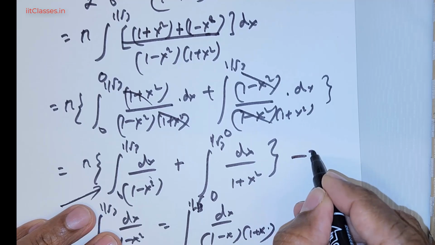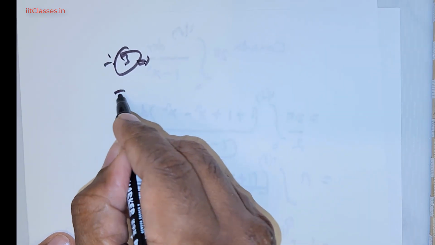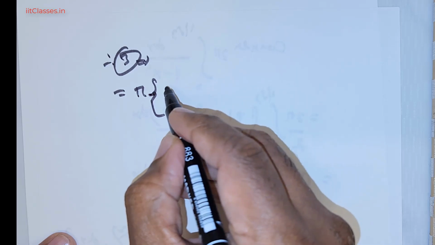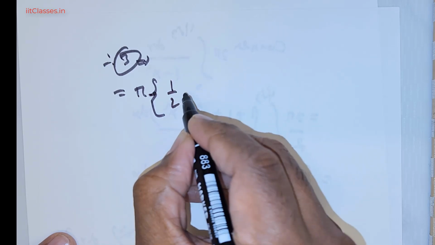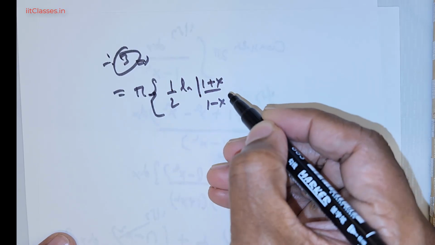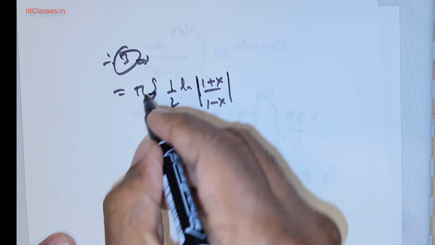So I'm going to take this as 3. Therefore 3 is rewritten as pi times, okay, we have now 1 over 2 times ln modulus of (1 plus x) divided by (1 minus x), right?